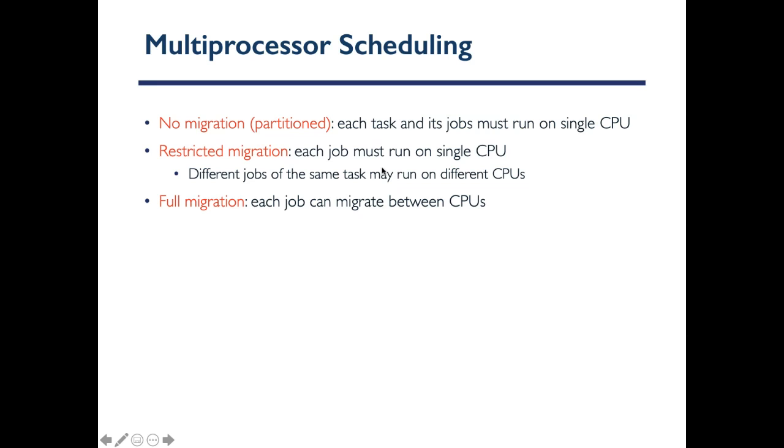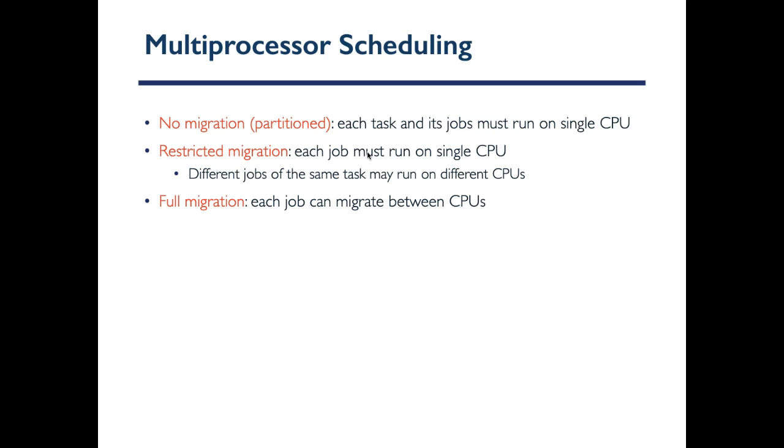The other way to do it, you can allow migration, but restrict it. What does that mean? Instead of assigning tasks, you could assign jobs. Remember, jobs are units of tasks that would appear every period.